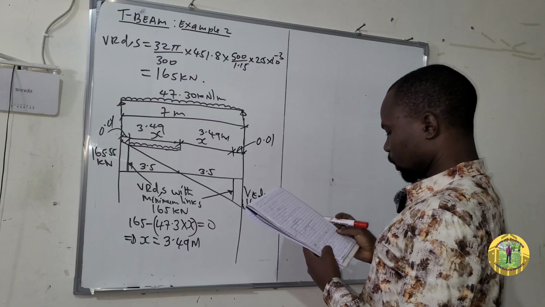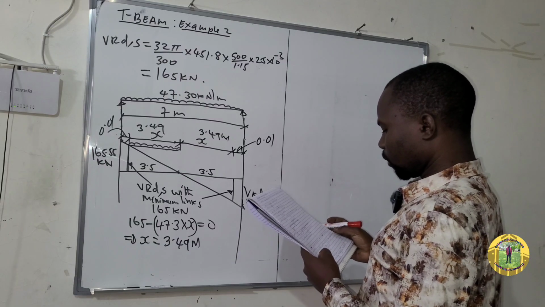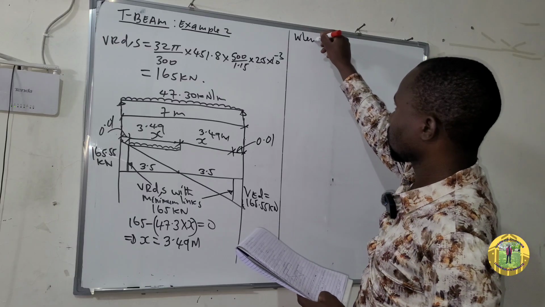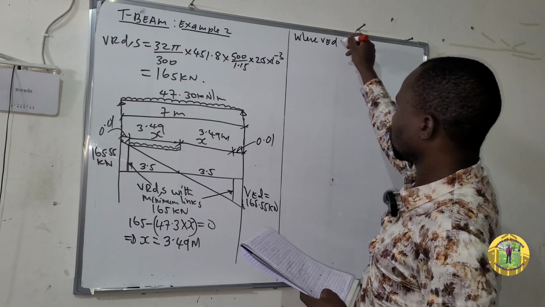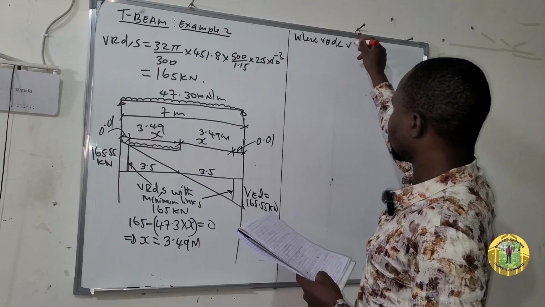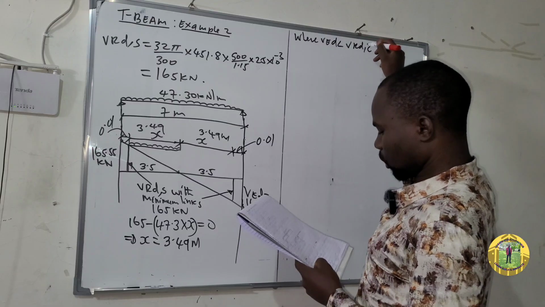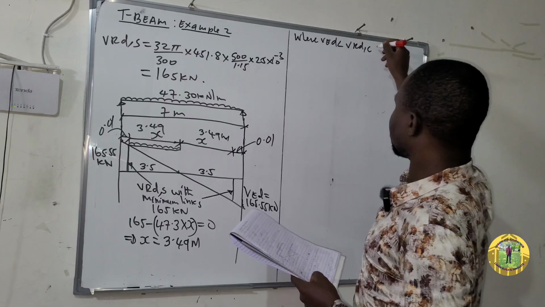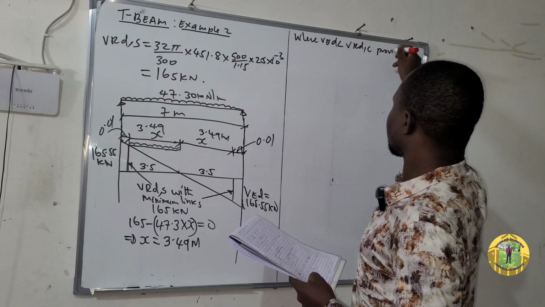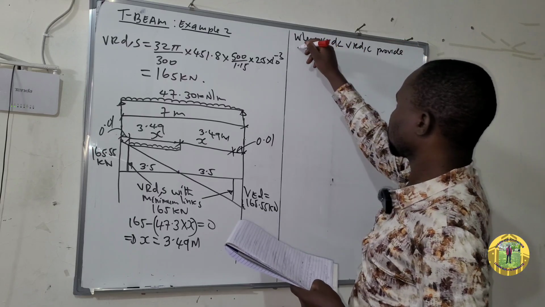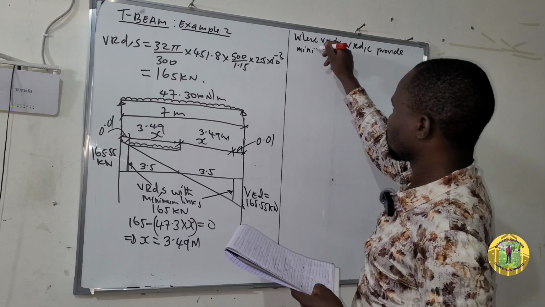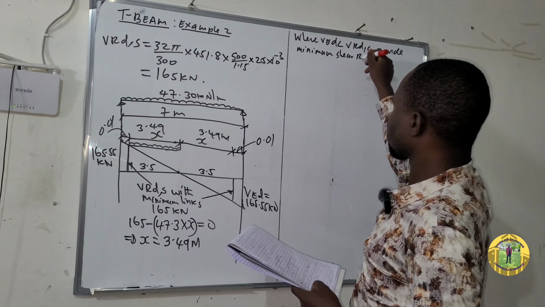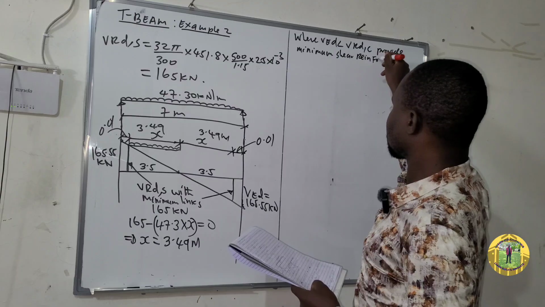So you will say that where VED is less than VRDC, provide minimum shear reinforcement.